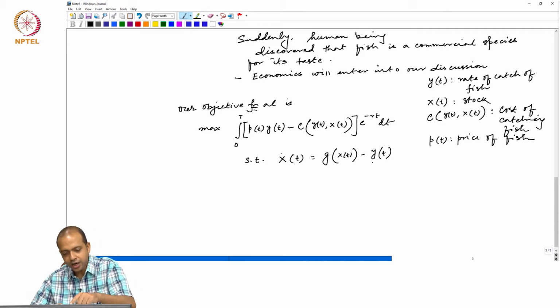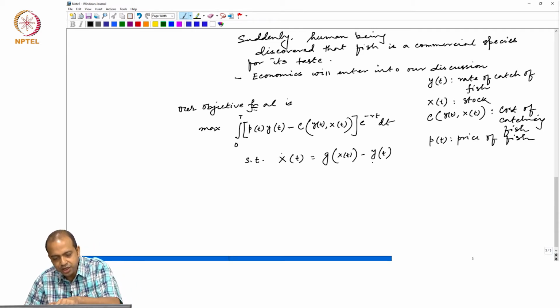Okay. So, earlier it was x dot t equals minus y t. If you go back and see in the context of non-renewable resource, since a non-renewable resource cannot grow within an economically feasible time horizon, we denoted x dot t equals minus of y t. Here x dot t equals g of x t minus y t.